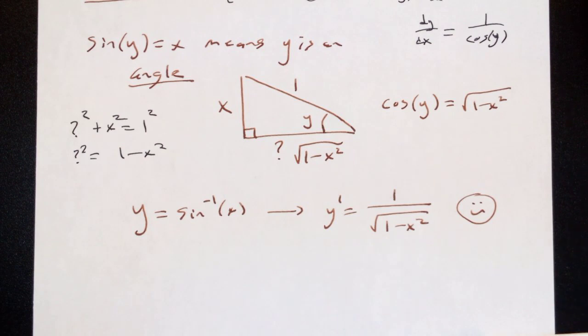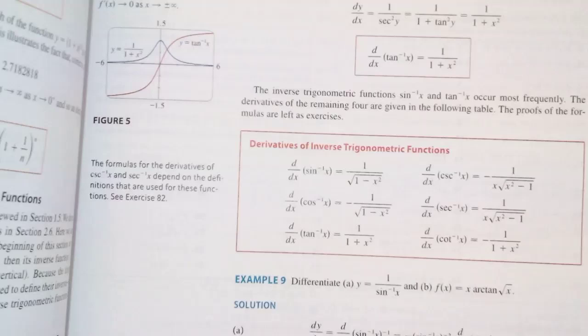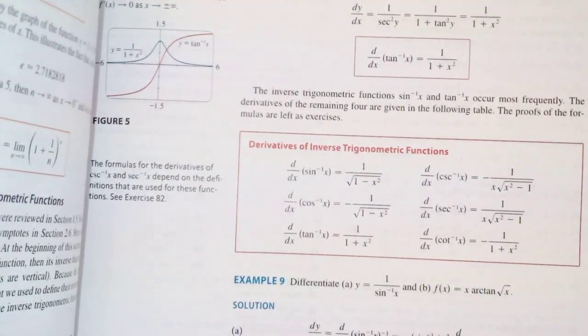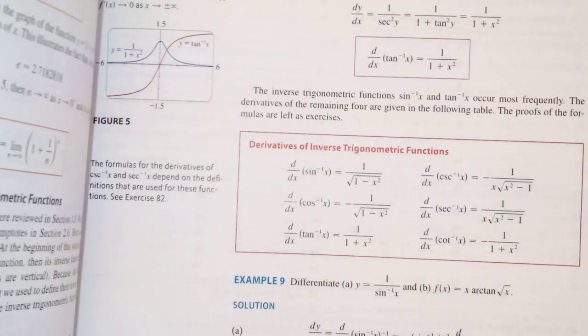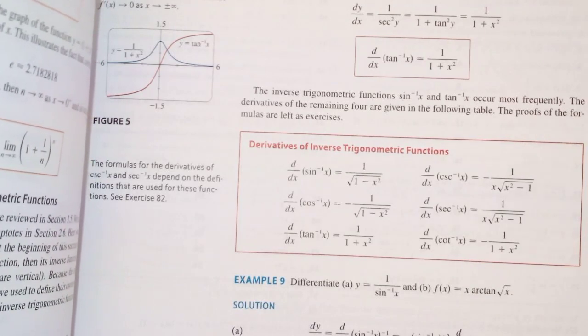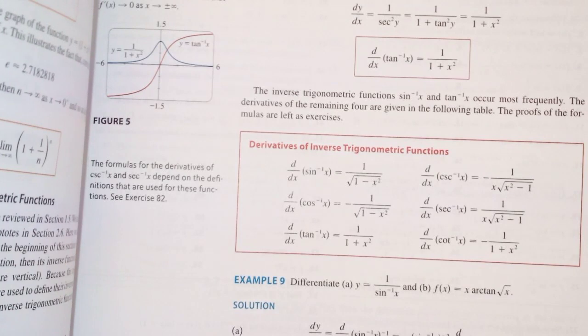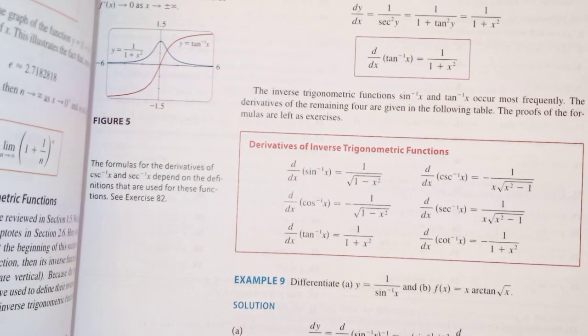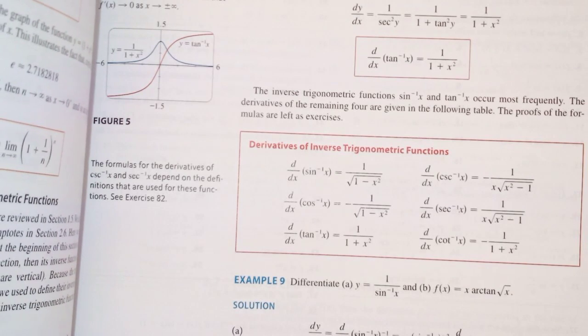So, the hell with it. Page 223, here's a table. Please note, this same table is reproduced on your exam review, as are the derivatives of the trig functions. I don't have to memorize this stuff.